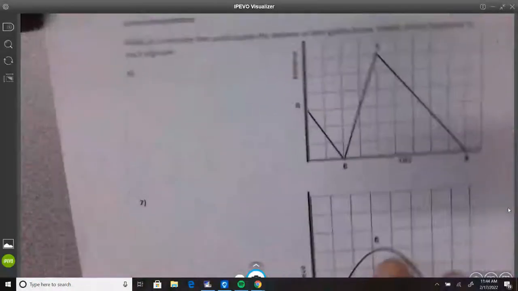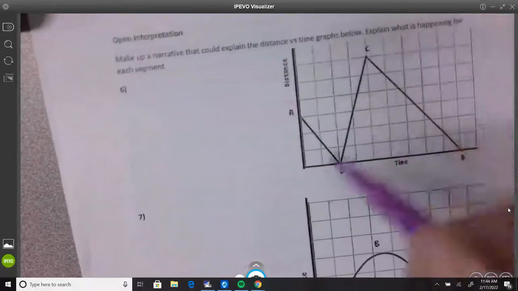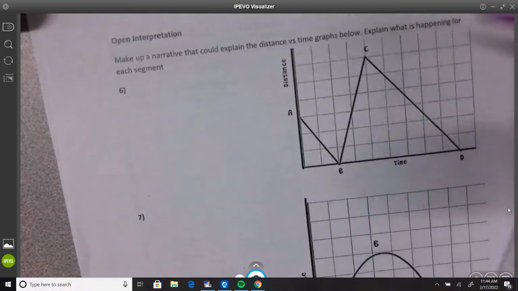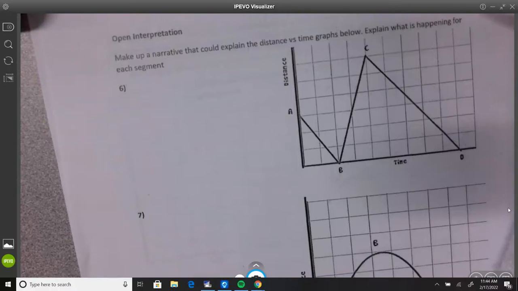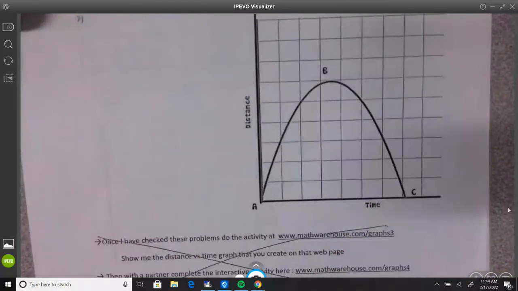All right, so these two for the next page, we already know that this is kind of like traveling to and from someplace, or walking up, going towards the kitchen, going back towards the bedroom, that type of example. Number 7 is what's probably going to catch you off guard.